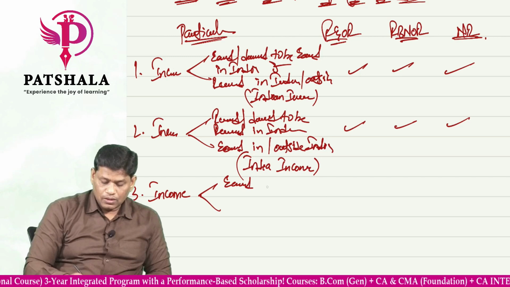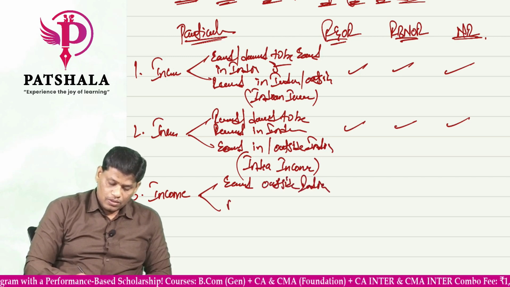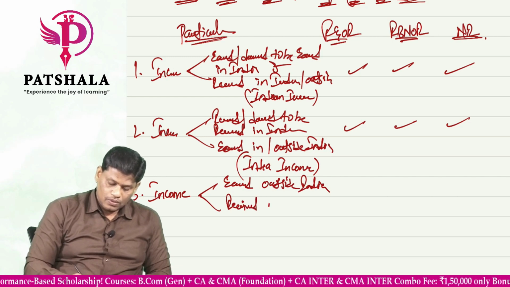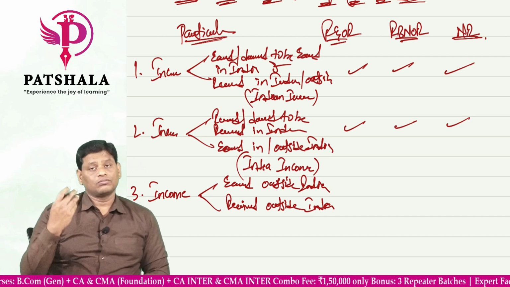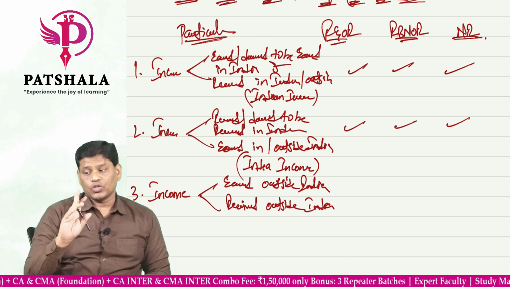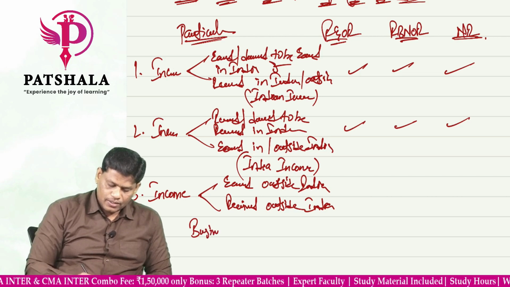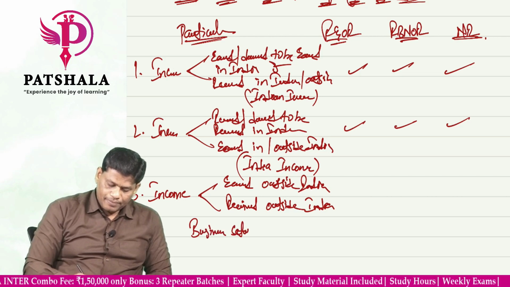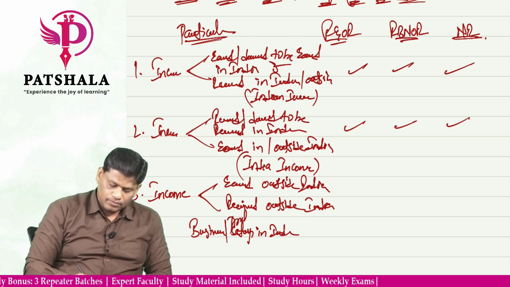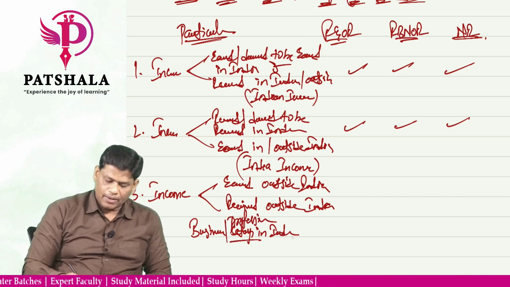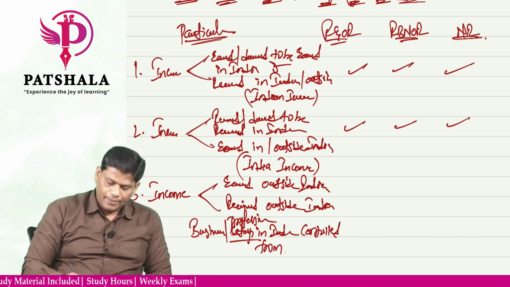Third case, income earned outside India, received outside India. Where you earn? Outside India. Received where? Outside India. So, it is which income? Foreign income. But it is from a business or profession set up or controlled from India.